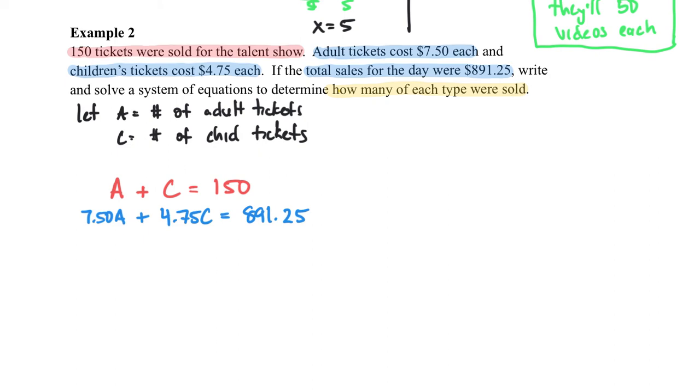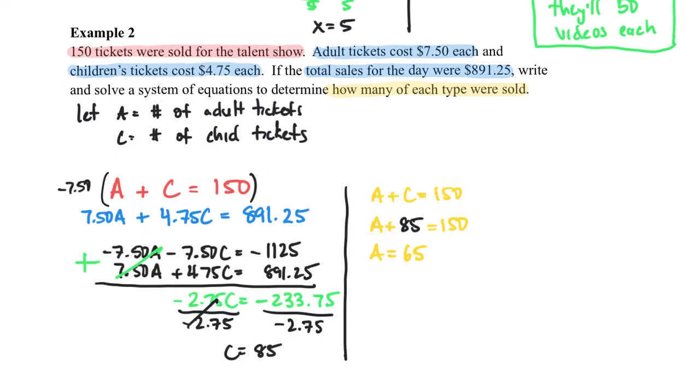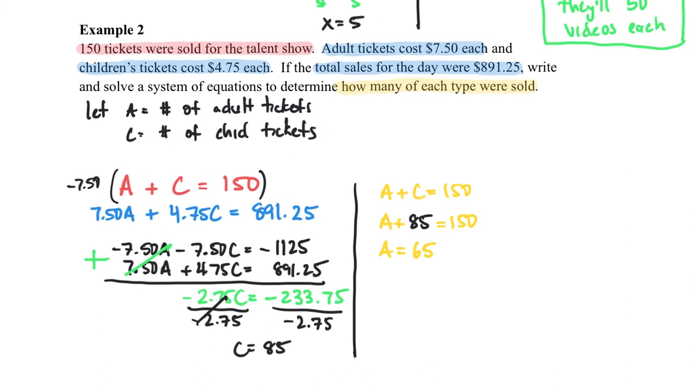I'm going to do the same thing. All right, I went ahead and I solved the system by elimination. I ended up with 85 child tickets and 65 adult tickets. So if I add those together, I get my 150. And then if I multiply 65 times 7.50 and multiply 85 times 4.75, add those together, I get 891.25.